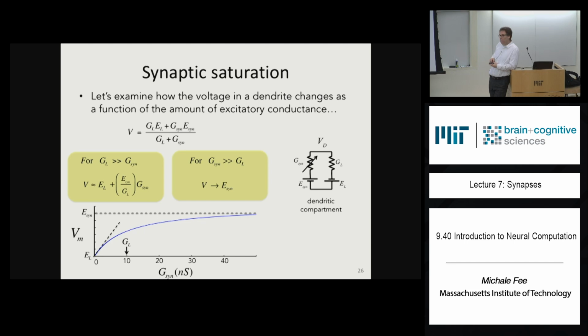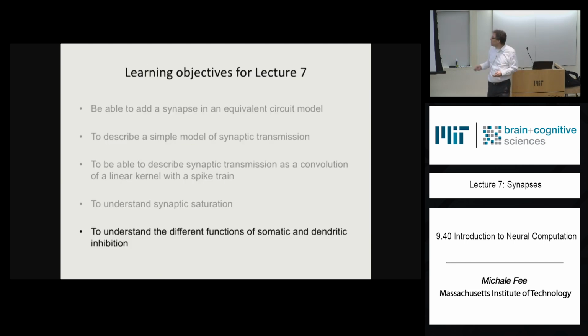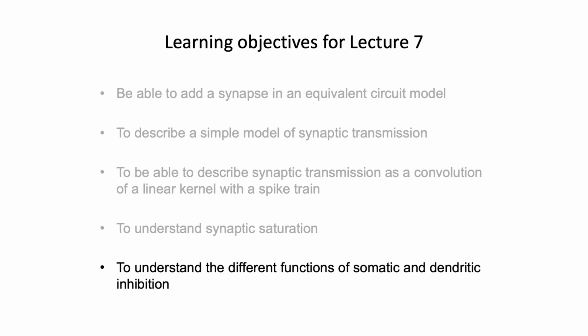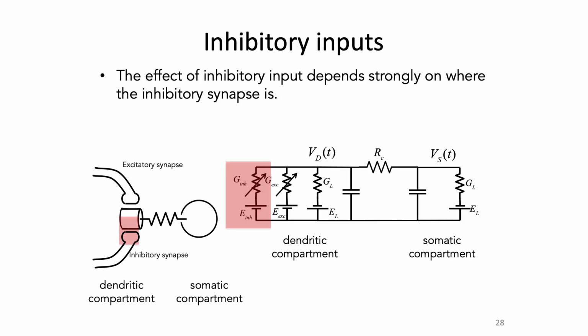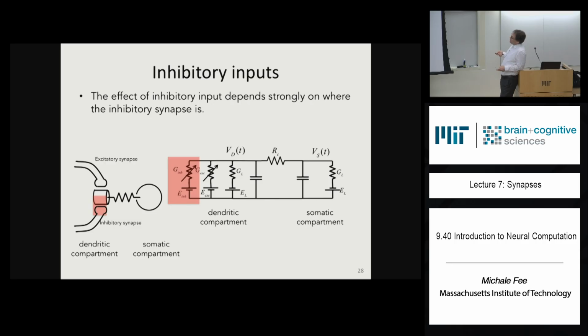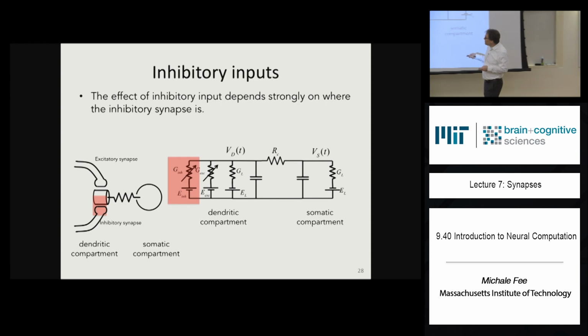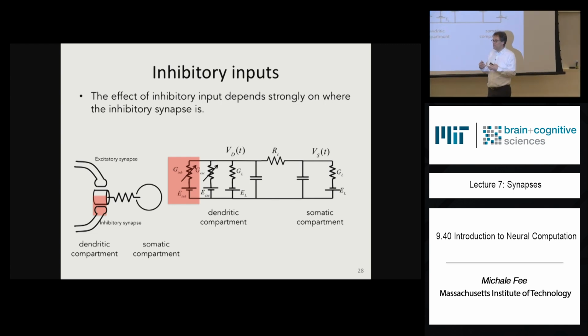All right. Now I want to tell you a story about inhibition. The basic story is that in real neurons in the brain, inhibition sometimes connects to dendrites, and sometimes inhibitory synapses connect to somata.